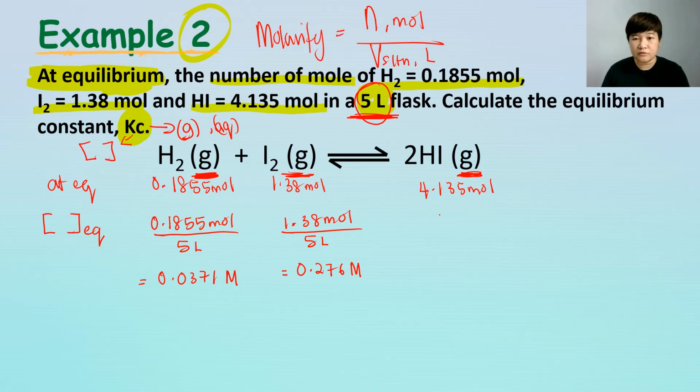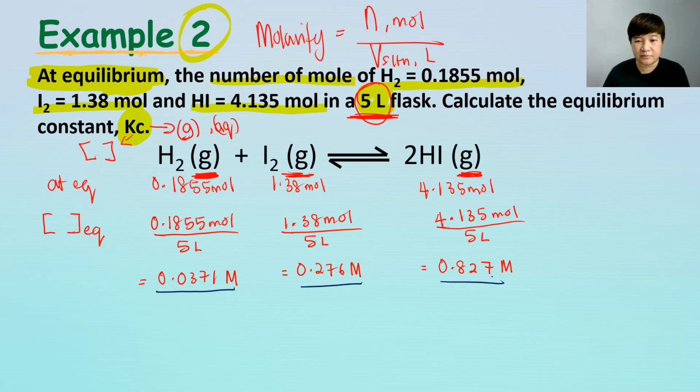For the HI, similarly, 4.135 mole over 5 liter. So over the volume, you get the concentration at equilibrium. So the concentration at equilibrium for HI will be 0.827 molar. And right now, you have all the concentrations at equilibrium for each and every species in your chemical equation. Therefore, we continue by calculating the Kc.